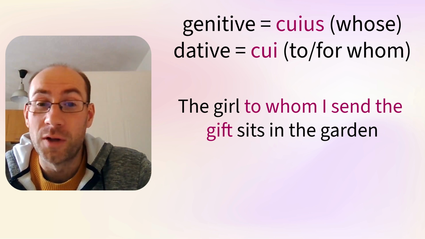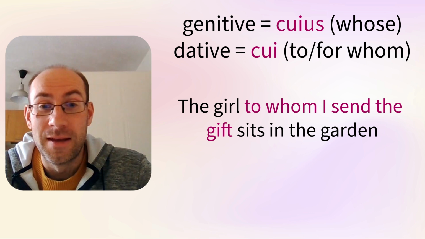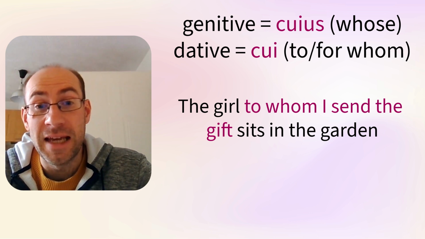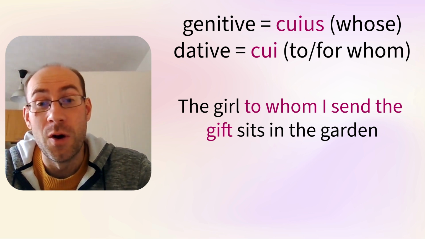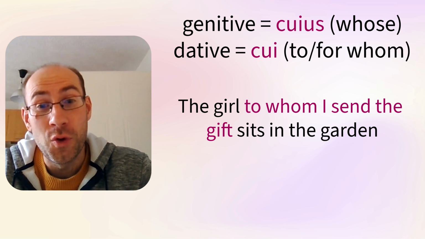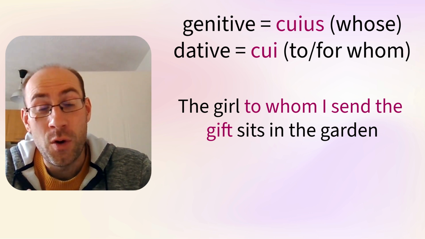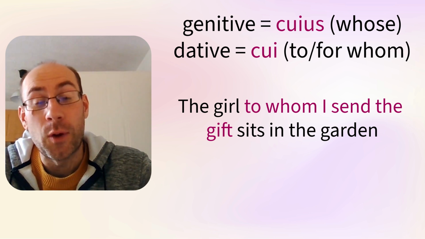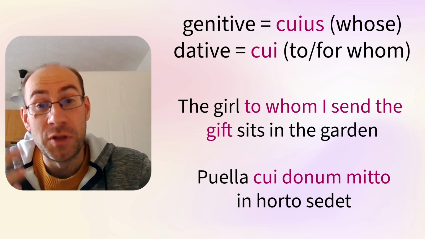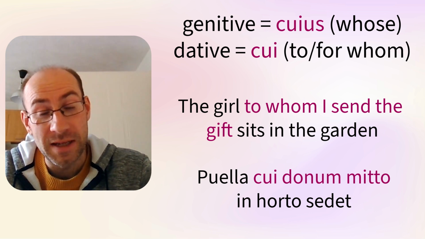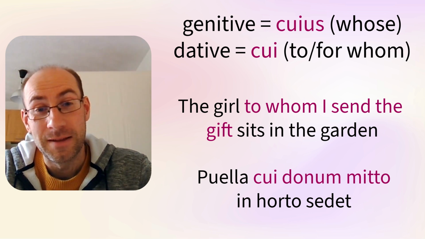Puella in horto sedet, she's doing the action. Puella sedet, from sedere. To whom? Cui, I send the gift. Ego, if you like. Donum mitto. Remember, donum's neuter, so it stays the same. Words stay the same in the accusative, which is handy.